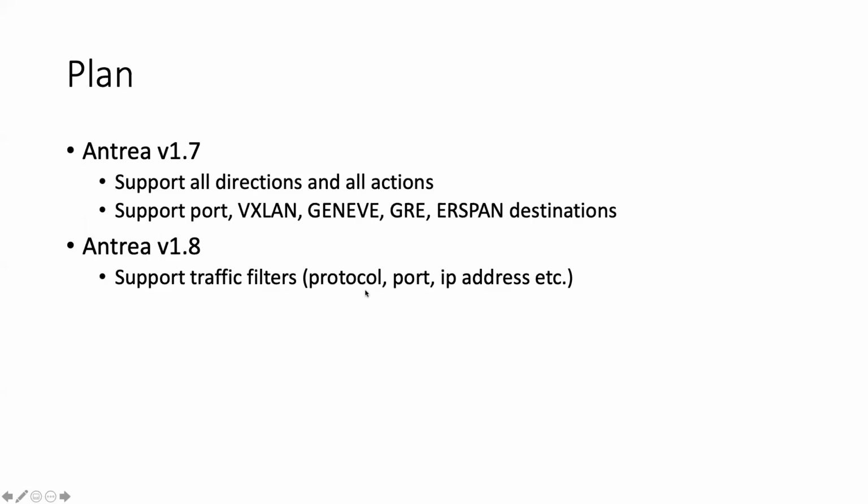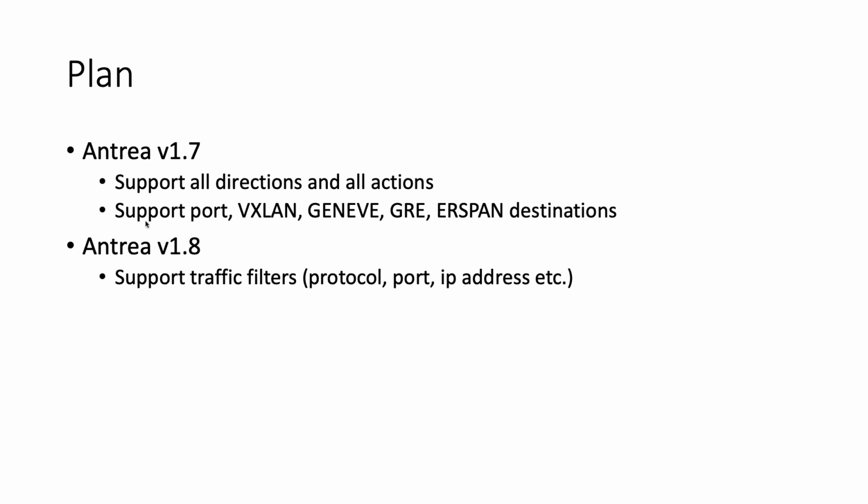Okay, that's the demo. And the current plan is we want to support all directions, including ingress, egress, and both, and all actions, including mirror and redirect. And we want to support the listed traffic destinations, such as local port, VLAN, GRE, VXLAN, and ERSPAN destinations.